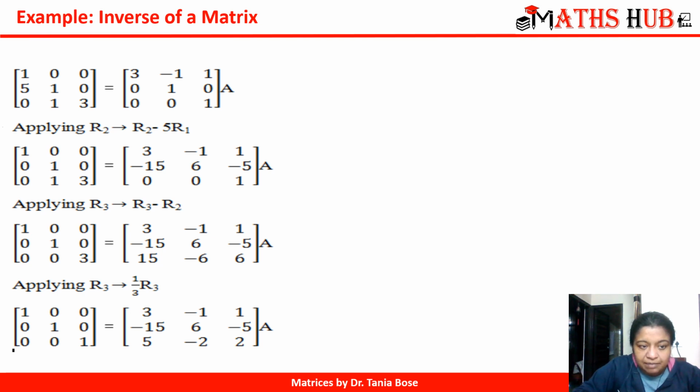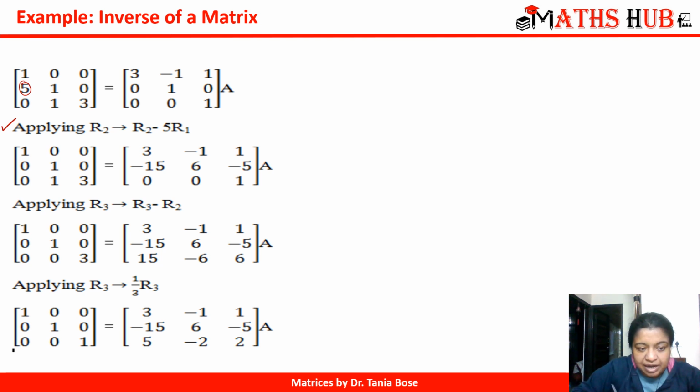Now we apply the next transformation and we make this element 0. How to make this element 0? We multiply R1 with 5 and subtract it from R2. So we get the entries 1, 0, 0, 0, 1, 0 on the left hand side, and the same transformation is applied on this matrix and we get these entries, right? Next, we have to make this element 0 again, so we can subtract these two rows.